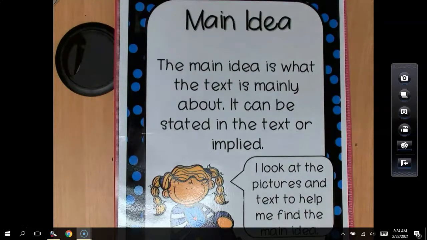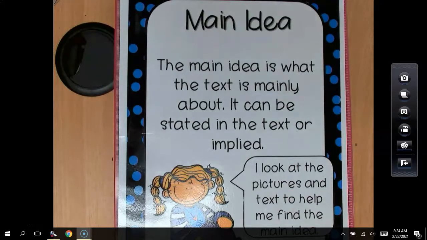It can be stated in the text or it can be implied. A lot of times you will find the main idea either in the title or the first few sentences in your story. So it's what the whole story is mostly about. That's what your main idea is.